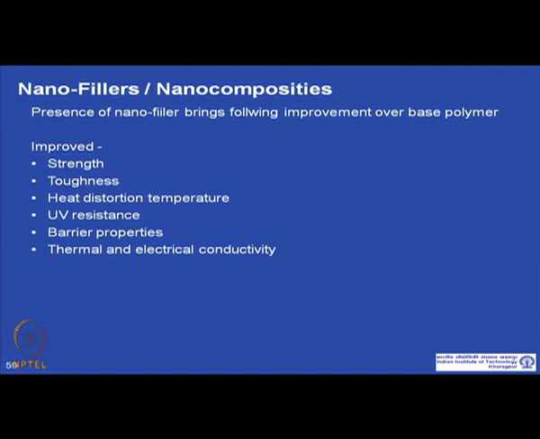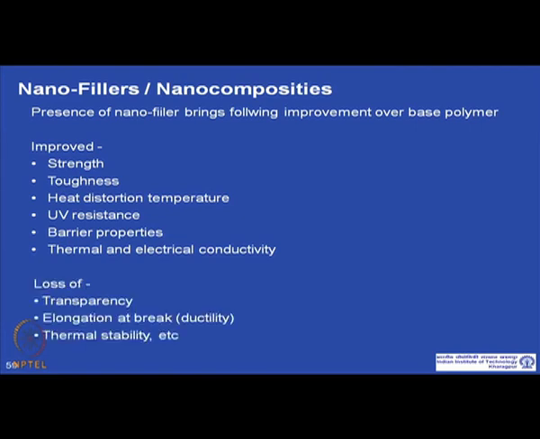It basically increases the tortuosity, or increases the path to be covered by a gas to come out through the polymer thickness. It also increases thermal and electrical conductivity if they are used in proper amount and their dispersion is proper.